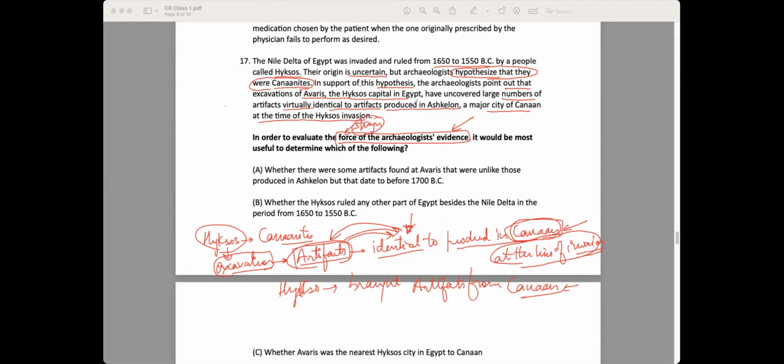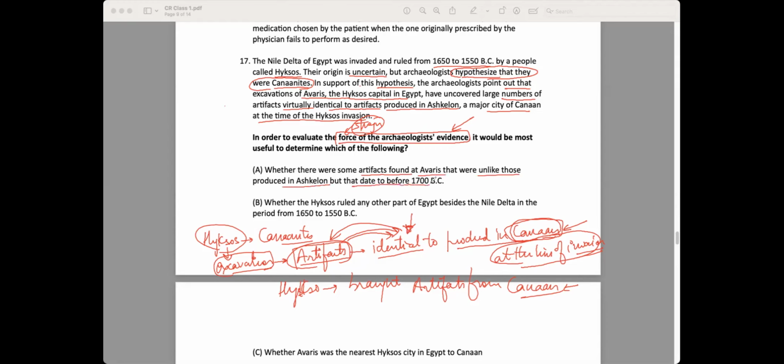Force of evidence means whether that evidence is strong enough to make the conclusion, the hypothesis, or not. That's what we are discussing. Let's see. Whether there were some artifacts found at Avaris that were unlike those produced in Ashkelon, but that date to before 1700 BC. See, it says whether some of the artifacts were different. Okay. See, in the argument, we are saying a large number of artifacts were identical. We're not saying all of them were identical.